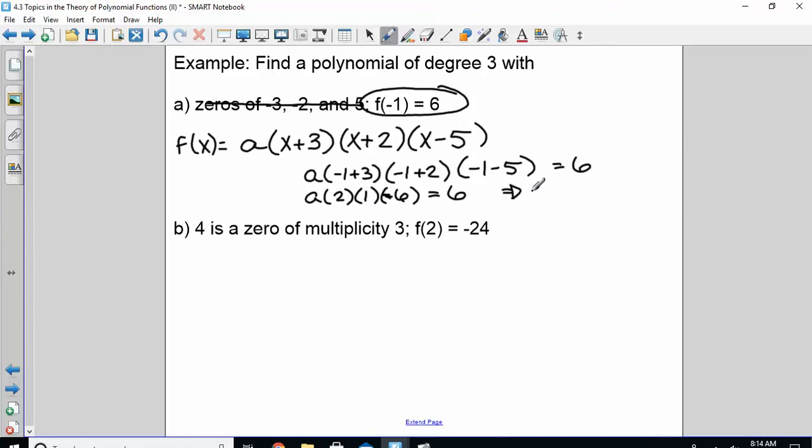So if I multiply those, we have -12a equals 6. To solve for a, we divide by -12, and my a is -1/2.